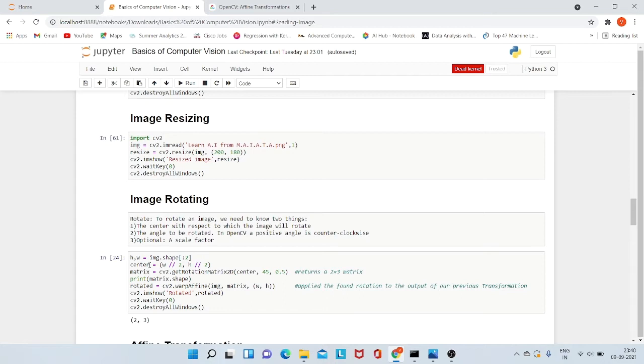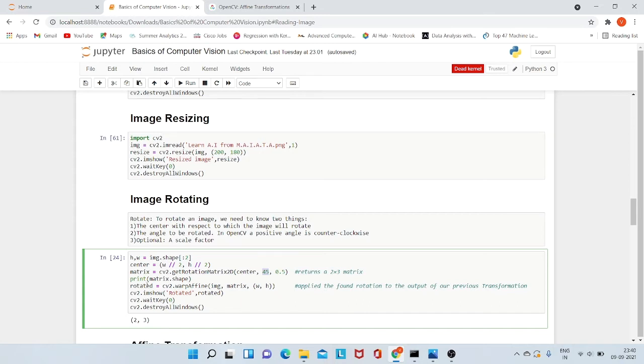So we calculated the center, and now I'm defining a matrix equals cv2.getRotationMatrix2D, and here I'm giving one of the parameters as the center, and this is the angle by which it should rotate. I'll explain why it is a 2 by 3 matrix later.